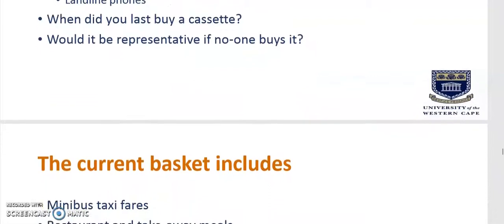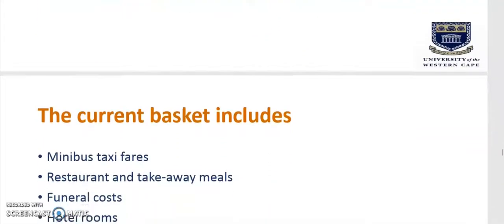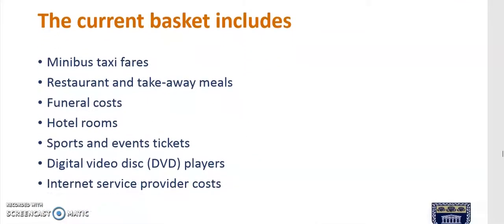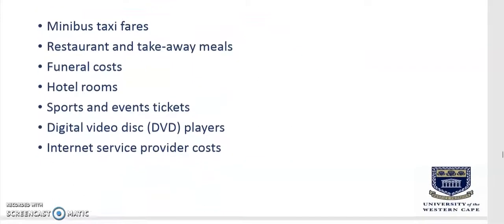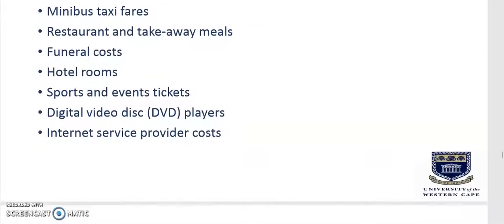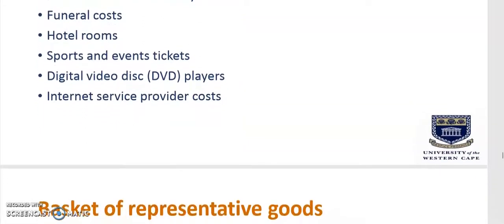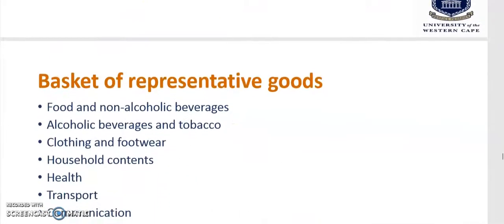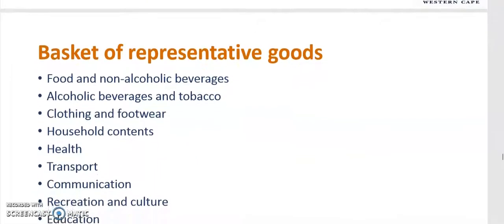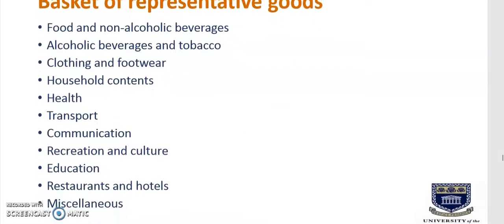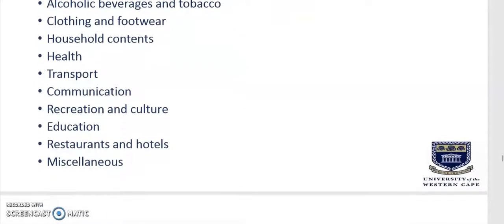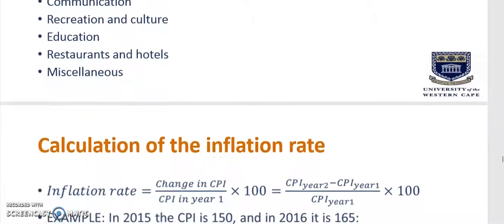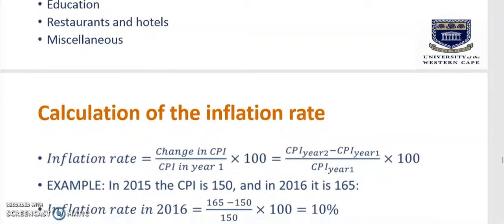The current basket includes minibus taxi fares, restaurant and takeaway meals, funeral costs, hotel rooms, sports and event tickets, digital video, that is DVD players, internet service provider cost, food and non-alcoholic beverages, alcoholic beverages and tobacco, clothing and footwear, household contents, health, transport, communication, recreation and culture, education, restaurants and hotels, and miscellaneous.